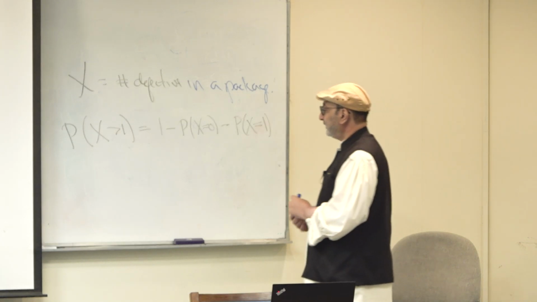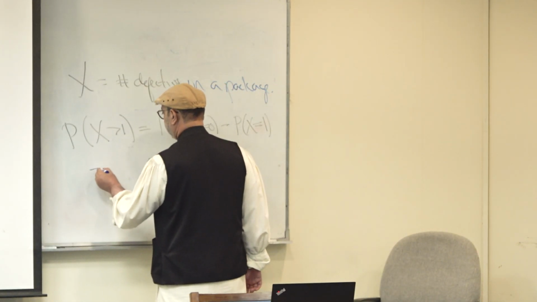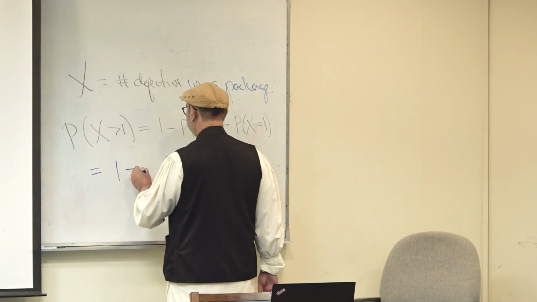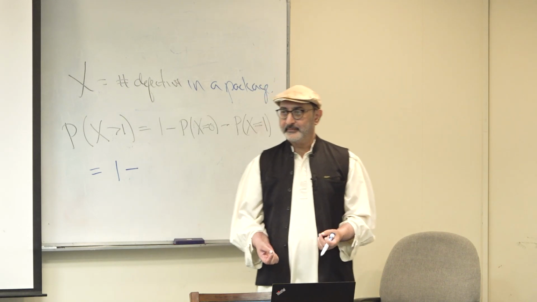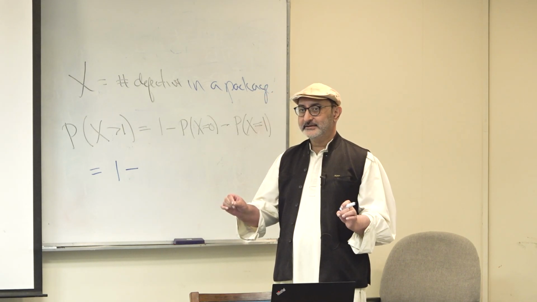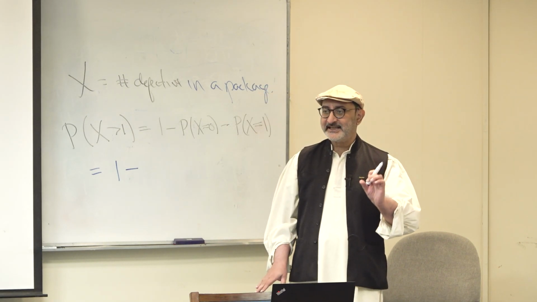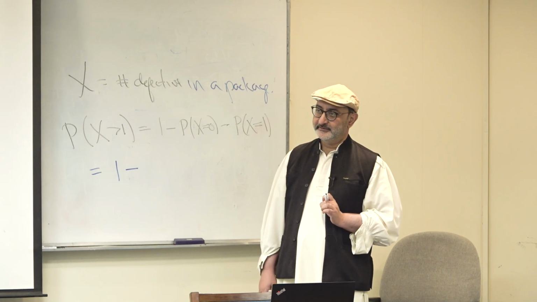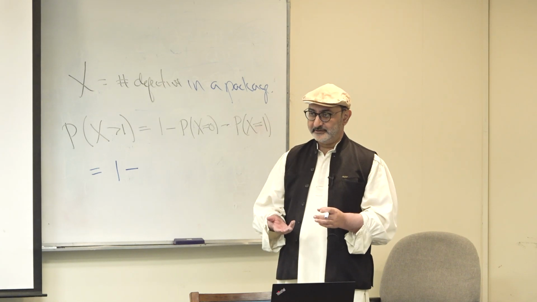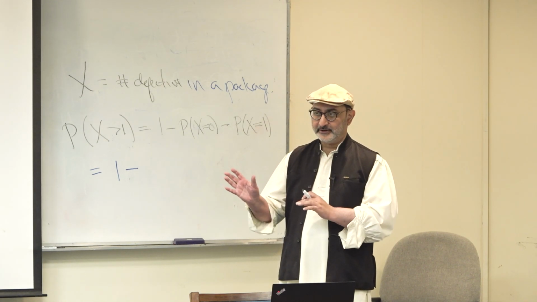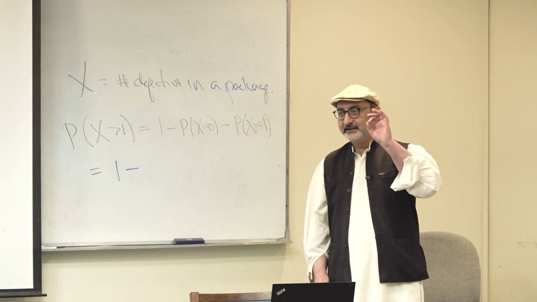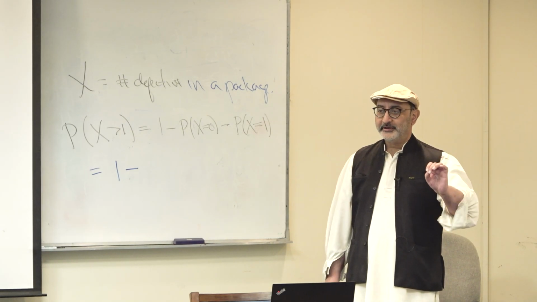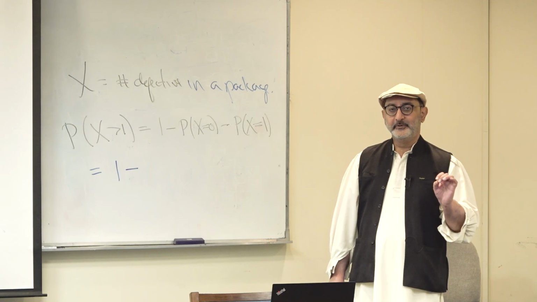So that's equal to 1 minus... there are 10 widgets in the package. What's the probability that exactly the first widget is defective? 0.01.